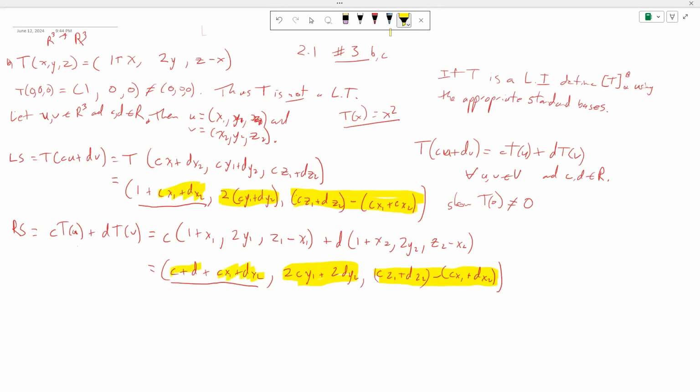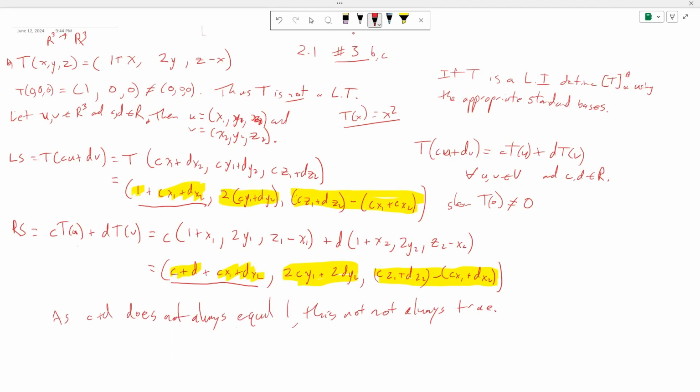So this c plus d and this 1, that's what's different. As c plus d does not always equal 1, this is not always true. That's what we want to show: that the left side does not always equal the right side. But making the statement that c plus d does not always equal 1 is not the clearest way we could say it.